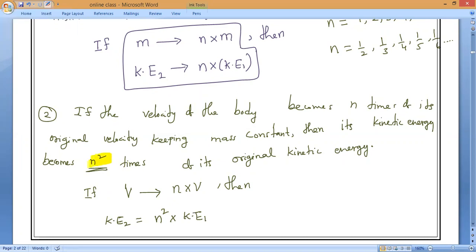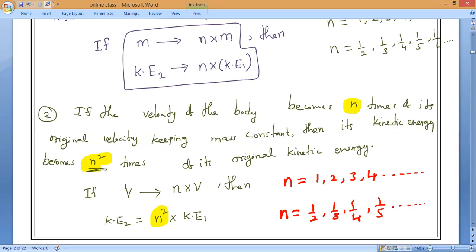So that is what you have to remember. If velocity increases n times, the kinetic energy becomes n square times. That is very important. Here also n becomes 1, 2, 3, 4 and so on, or 1 by 2, 1 by 3, 1 by 4, 1 by 5 and so on.